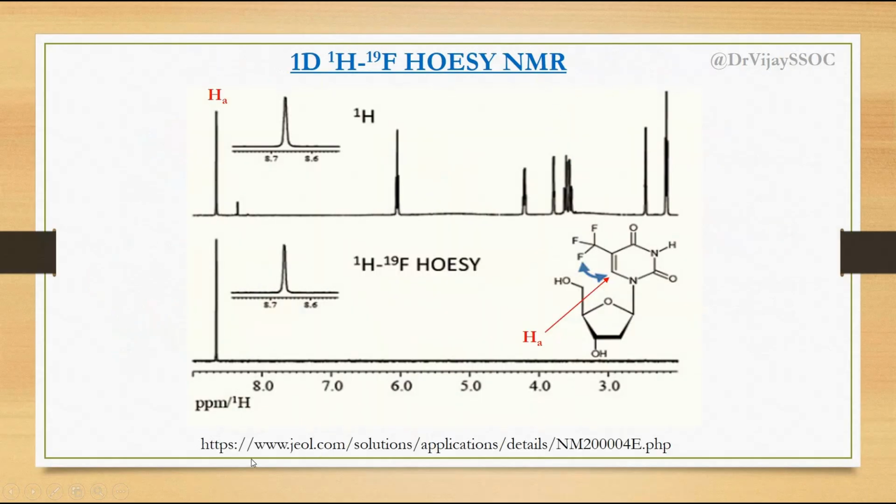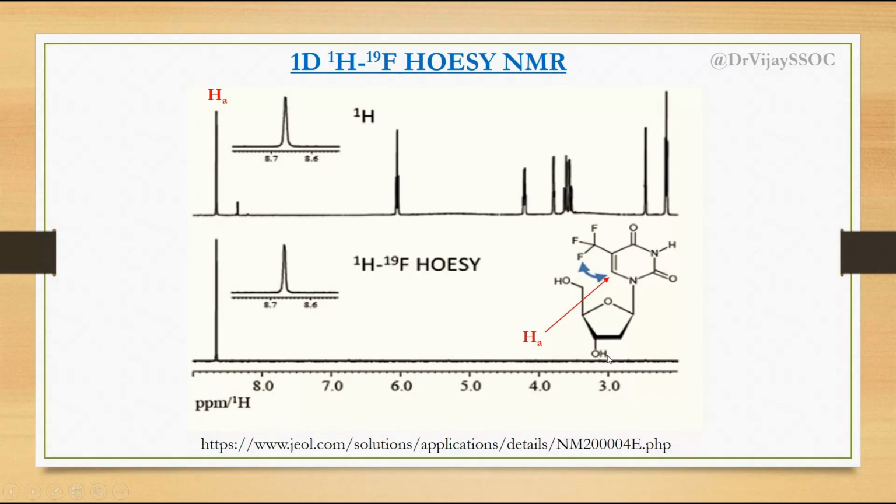So I took an example from this website, and you can see this is the structure of the compound, and this proton I just put like this. Let's say this is hydrogen A. This is the 1H NMR of this compound, and this is the 1H-19F one-dimensional HOESY NMR of this compound. So you can see that when they irradiated this fluorine, they observed the intensity of this proton, which in the proton NMR comes around 8.67 ppm.